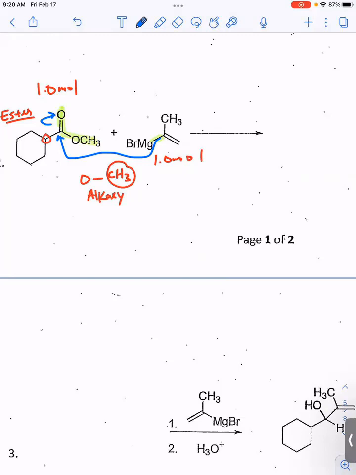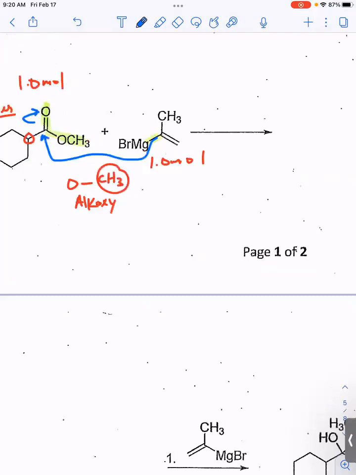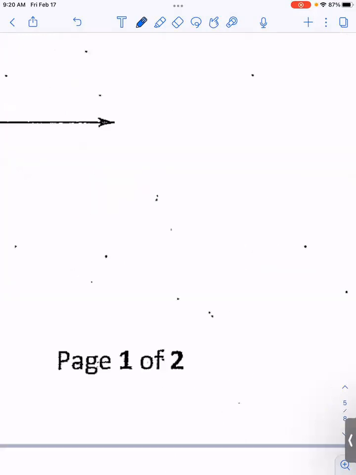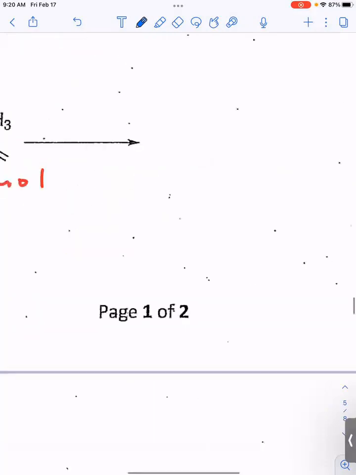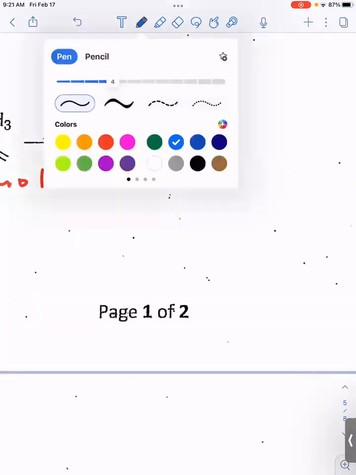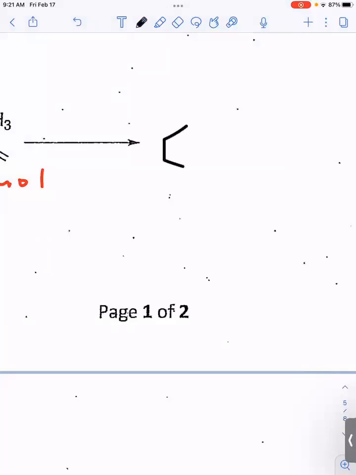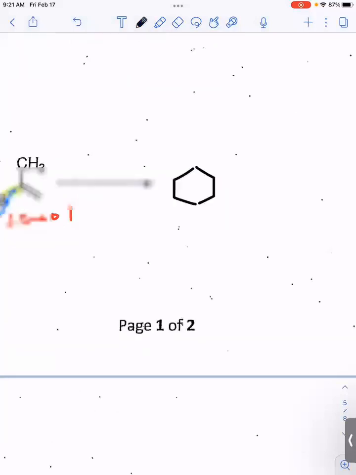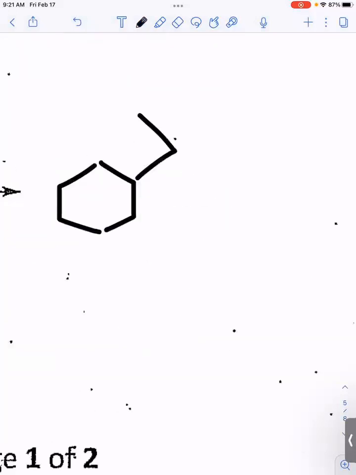So is it the part that's attached to the magnesium is now attached to the carbon? Yes, that's exactly right. So this is what that's going to look like. Let's draw it out. So we'll have this doesn't change. That doesn't change. And then I have now oxygen, that's negative.